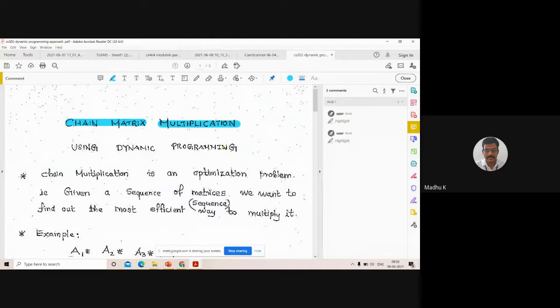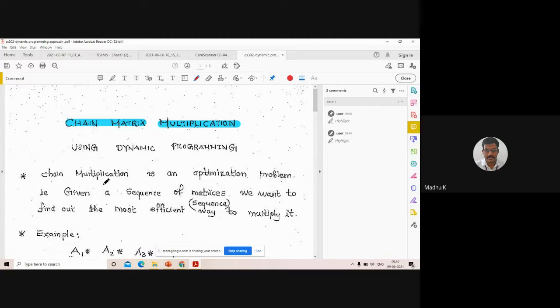So what is the chain matrix multiplication problem? That is what we want to discuss first.